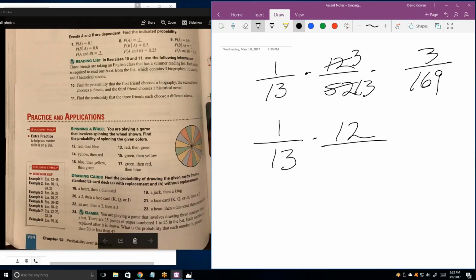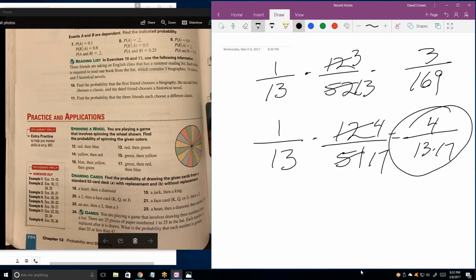Only there's not 52 anymore, there's 51. So now I can still divide that by 3, and I can divide that by 3. So it's 4 over 13 times 17. That's without replacement.